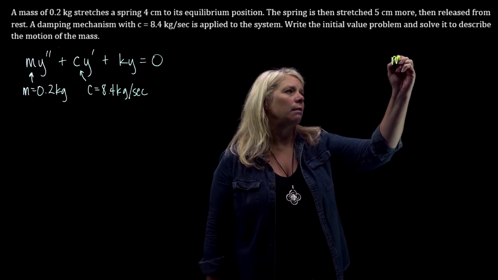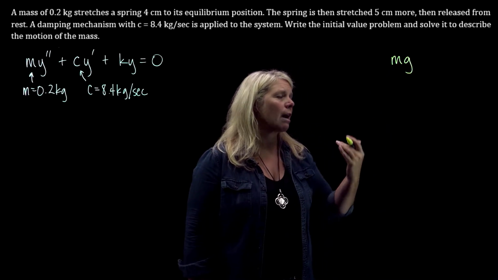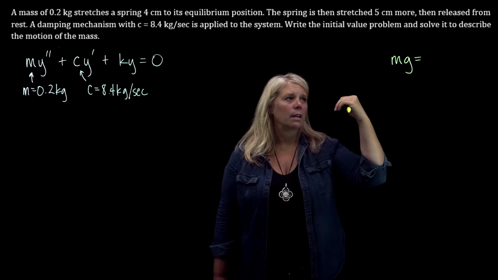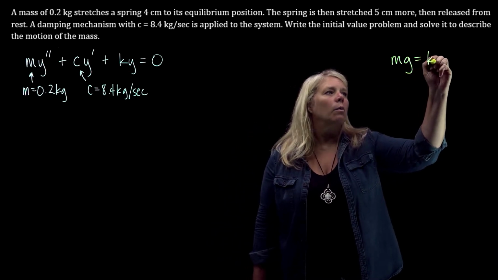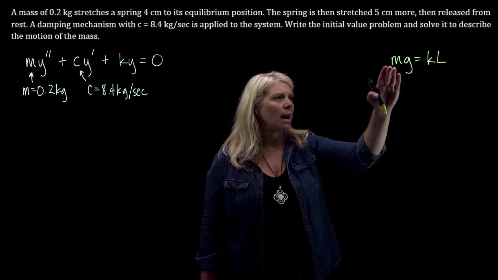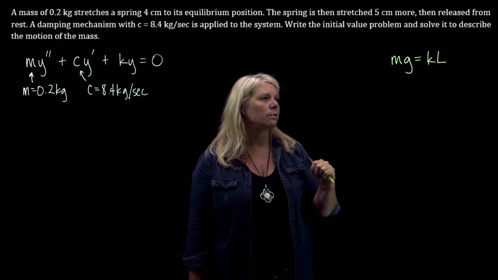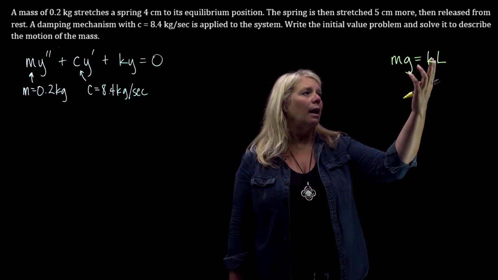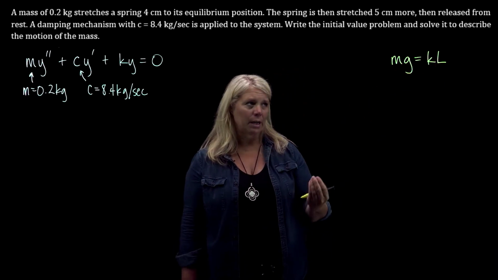We're using the relationship that the force due to gravity is equal to the resistive force of the spring when it's at equilibrium position. So this is the force due to gravity, mass times the acceleration due to gravity, and then K is the spring constant, and L is the amount that the spring is stretched.